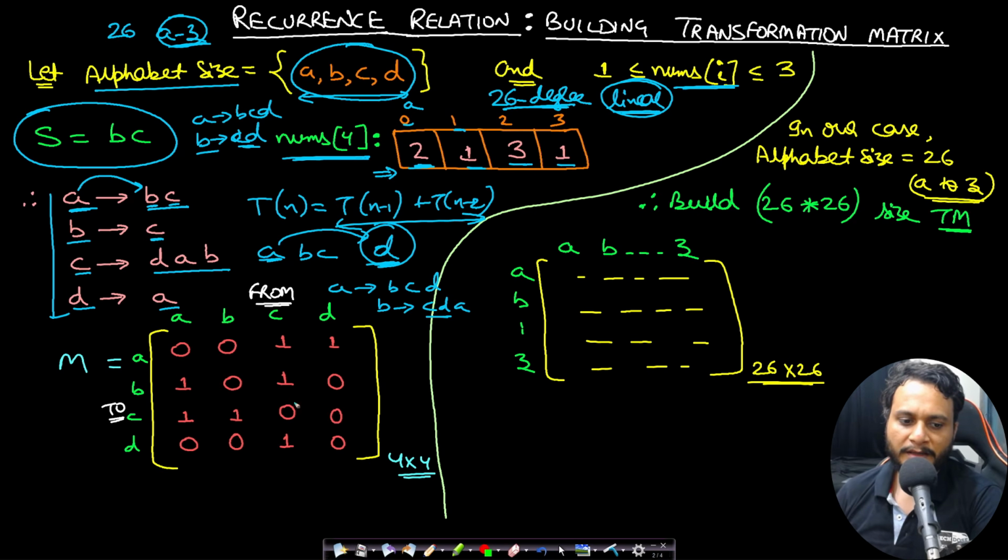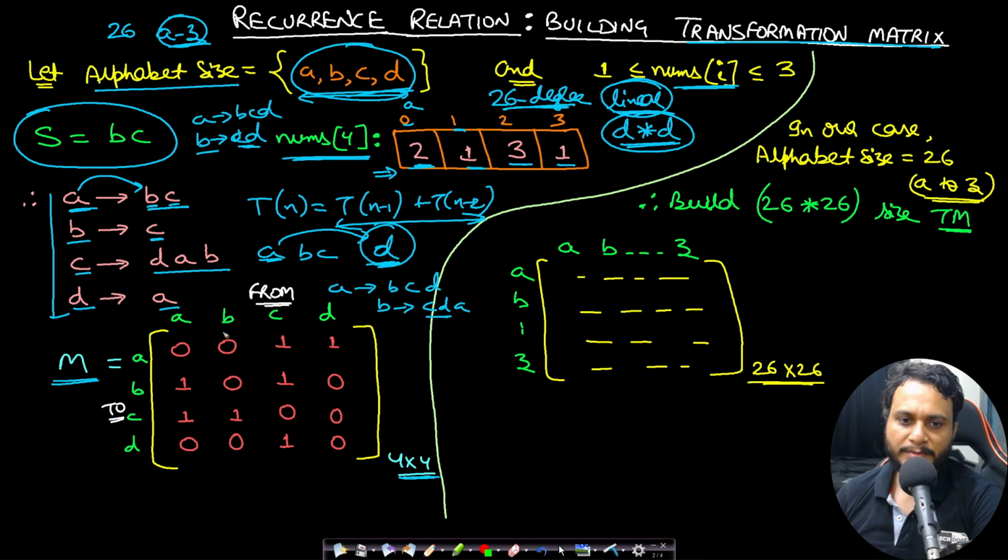And that is why, if the degree of the recurrence relation is D, then you know that the transformation matrix will be of size D by D, as explained in my previous video of matrix exponentiation, right? So in this case, if the alphabet size is 4, then the degree of the recurrence relation is 4, and therefore the transformation matrix that I have will be of size 4 by 4.